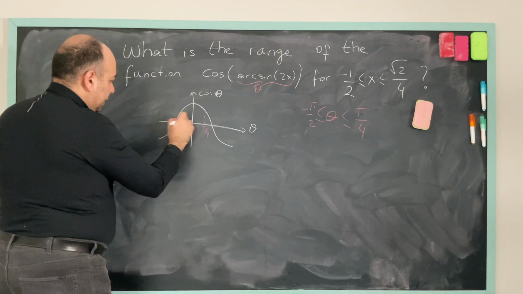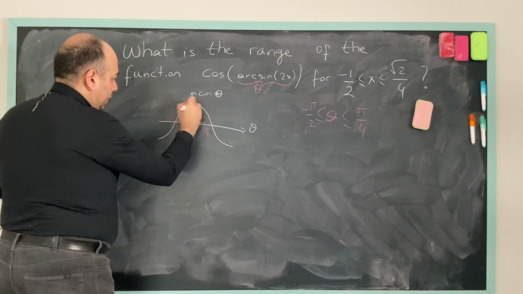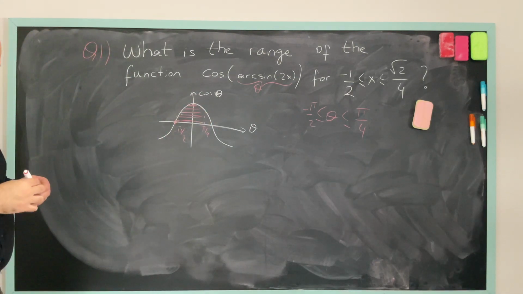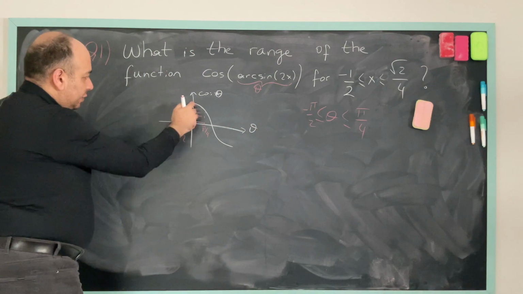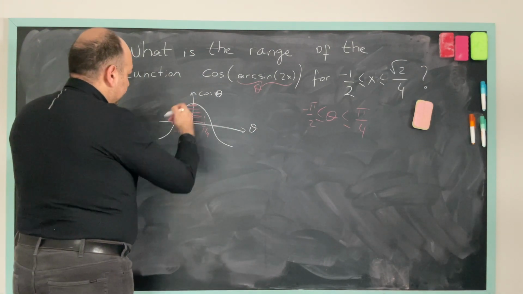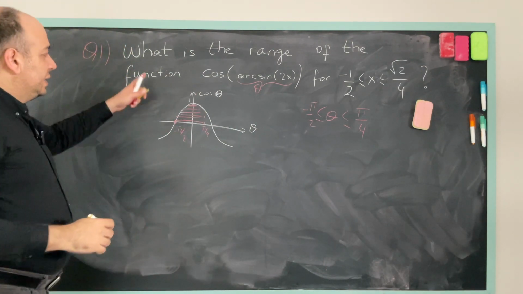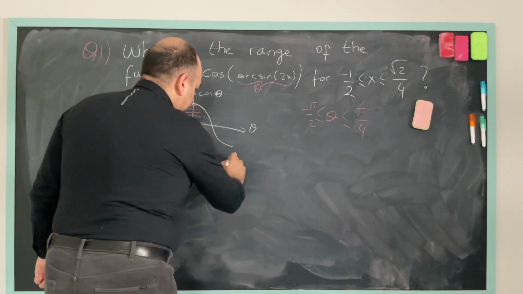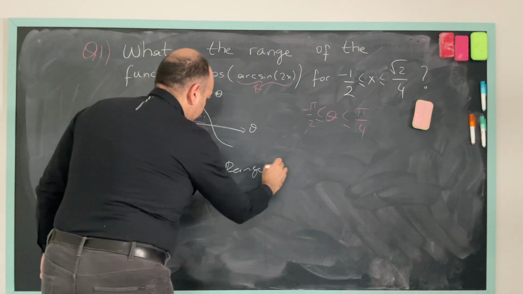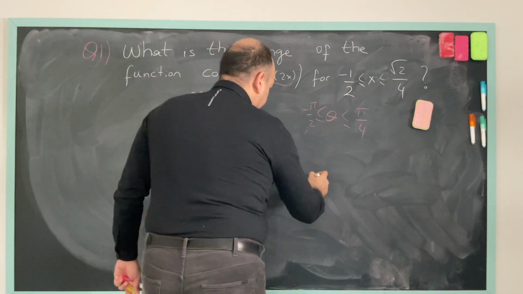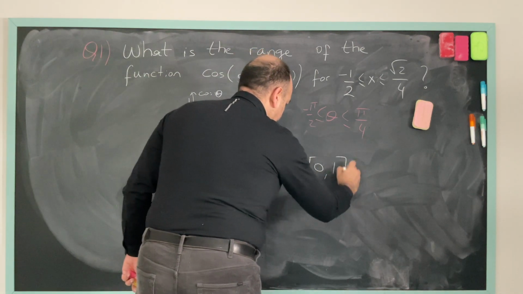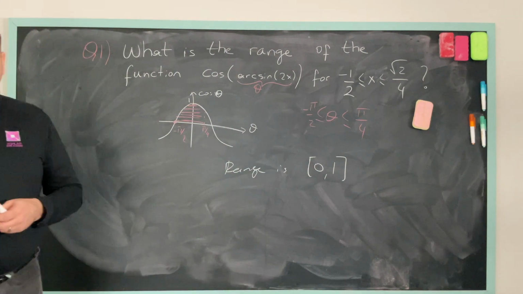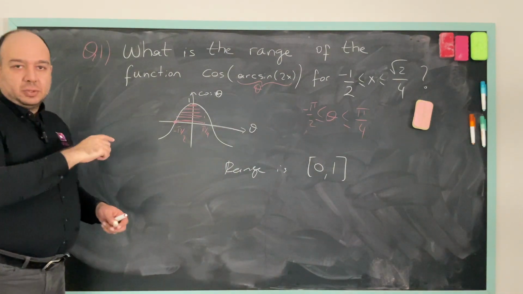If you look at this region here, cosine theta takes values between 0 and 1. So we can simply say the range is zero to 1. And this is the answer. So let's move on to the next problem.